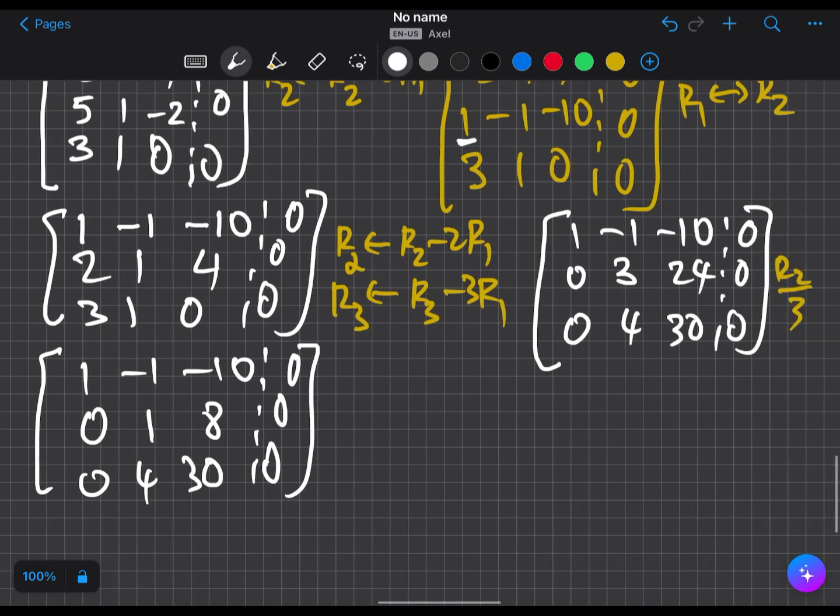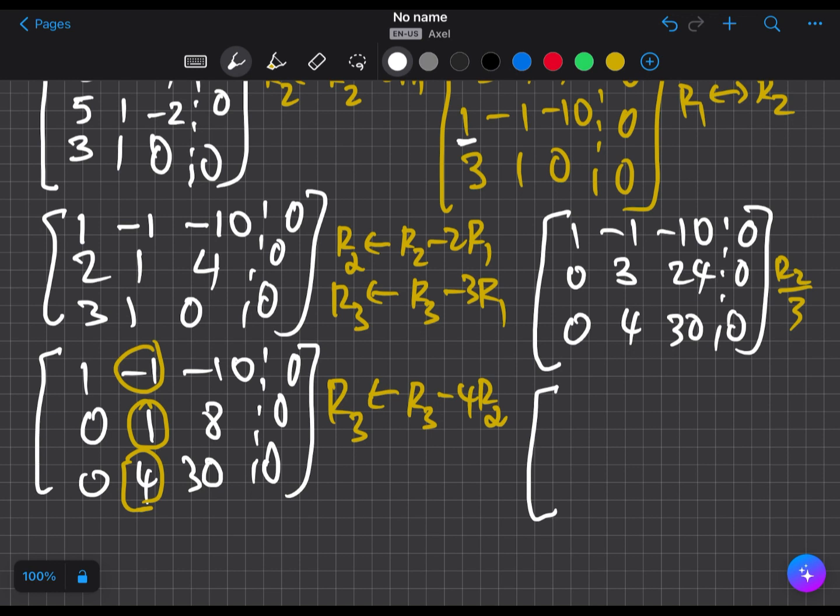Now, I need to have 0 below the leading entry of row 2, so I'll do R3 equals R3 minus 4R2. And this will give me 1, -1, -10, 0, 1, 8, and 0, 0, -2, augmented with 0, 0, 0.